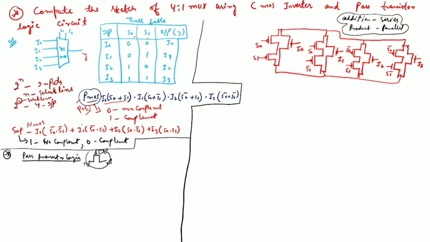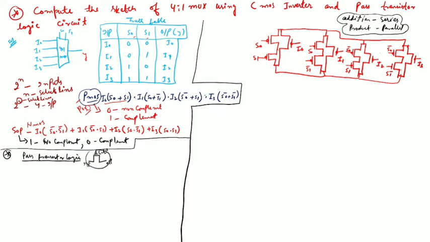The same rule applies here: the product terms are connected in parallel and the sum terms are connected in series. Only the complement and non-complement change, meaning this S0 is represented in the upper one without complement, but here it is the complement. Only this change is considered in this NMOS. So we follow this equation.